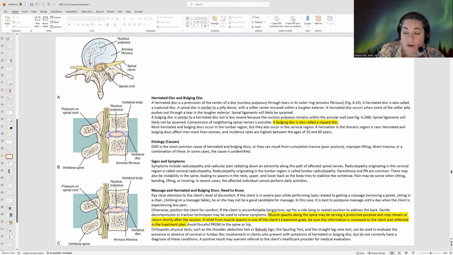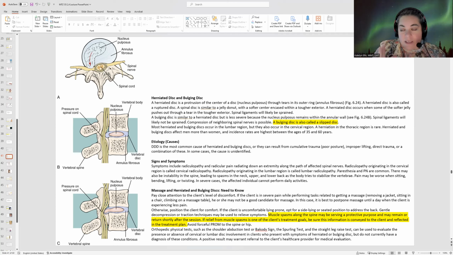Muscle spasms along the spine for people that have slipped or bulging herniated discs might be serving a protective purpose and maybe holding some of that spine in place.